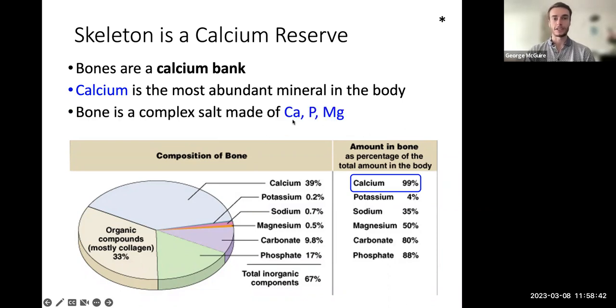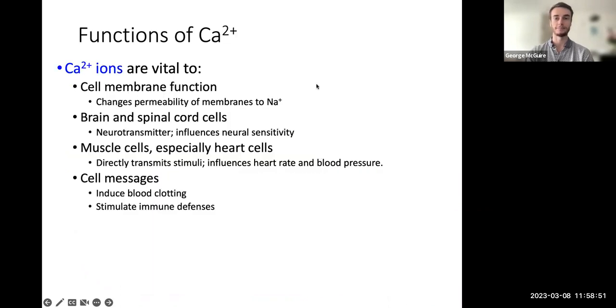So these are the hydroxyapatite crystals I was saying, the inorganic component of bone, which is 67% of our bone. It's going to be made up of calcium, phosphate, and magnesium crystals. And our calcium ions have a variety of functions. They function in cell membranes for the permeability of sodium, which is going to play a role in signal transduction, a major part of our brain and spinal cord signal transduction pathways, allowing for the release of neurotransmitters.